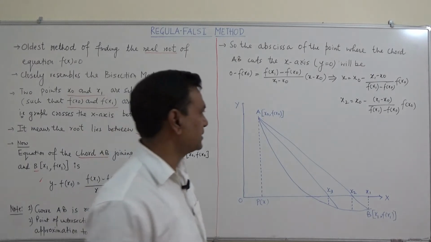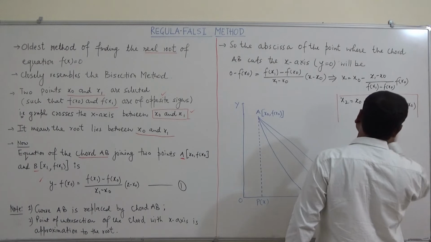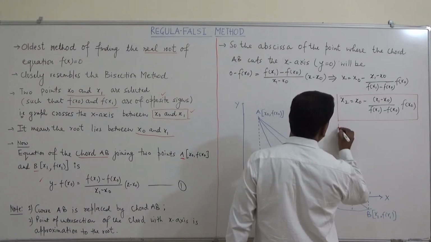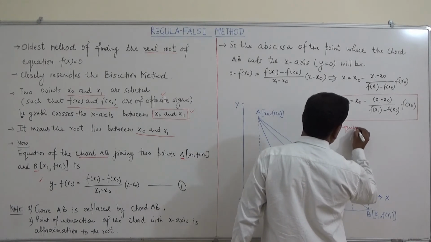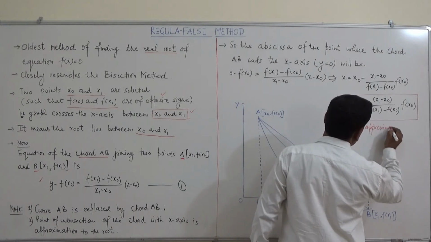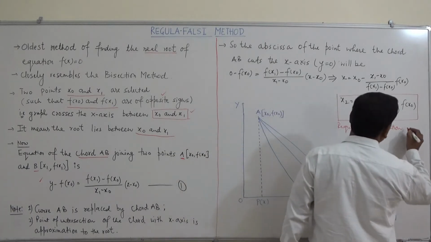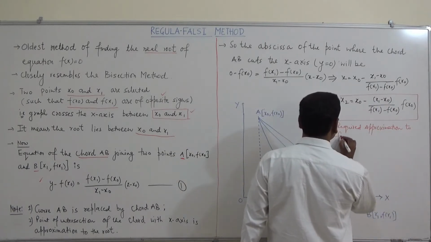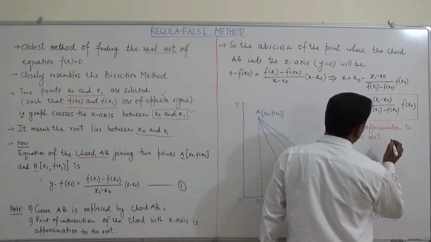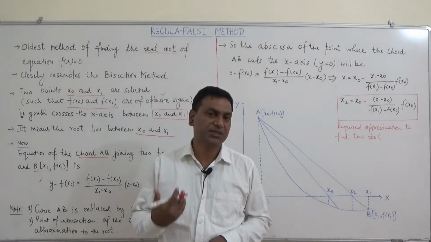So we can say this is the required approximation to find the root. As soon as we find the value of x2, we will proceed for x3.